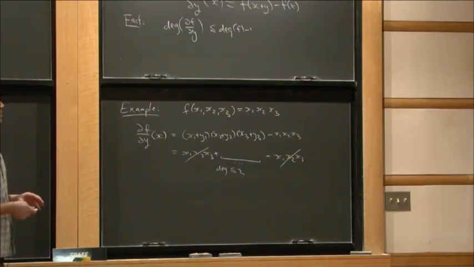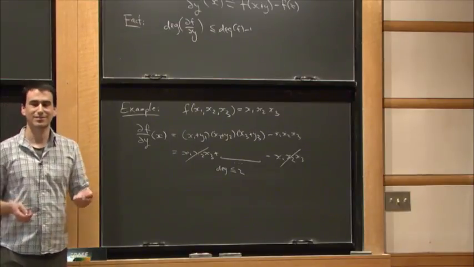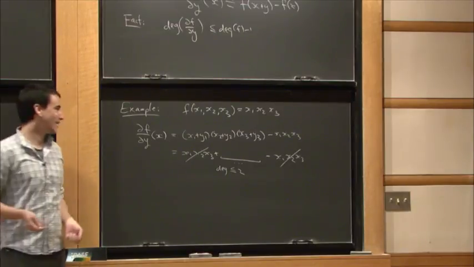So what's nice about this operation? If we have a degree d polynomial and we apply this operation, we get a smaller degree polynomial. So why not do it twice or several times?